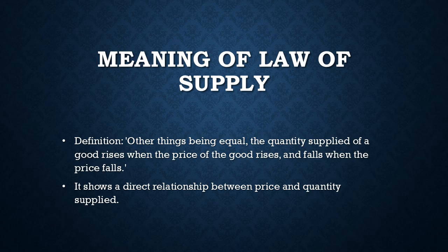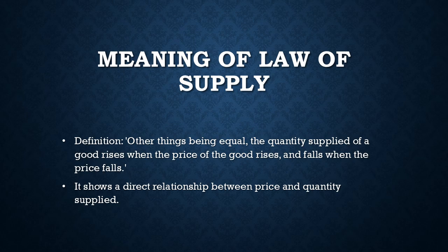Next topic is the meaning of the law of supply. What is the definition of supply? Other things being equal, the quantity supplied of a good rises when the price of the good rises and falls when the price falls. This means there is a direct relationship between price and quantity supplied.